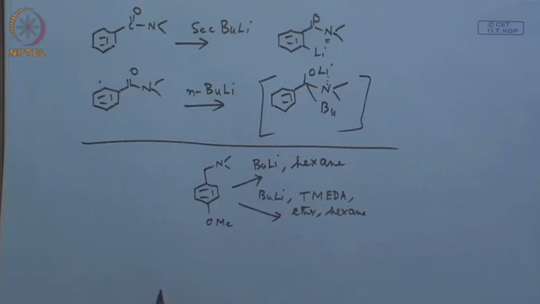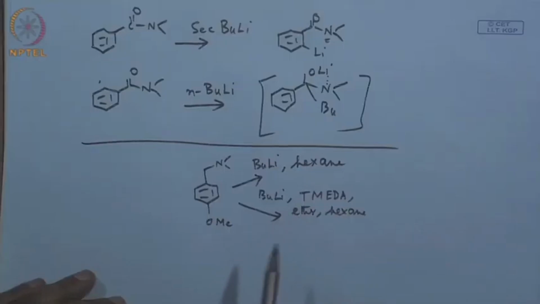Now, here is a case where the effect of reaction conditions tells you something about the factors which dictate the positions of the lithiation or its reactivity. When I say butyl lithium and hexane, what does it mean? Butyl lithium itself is structurally like a cubane kind of structure, a tetramer, many of you know. That means it is an aggregate of 4 units.